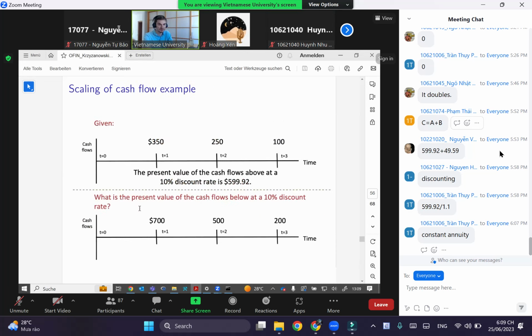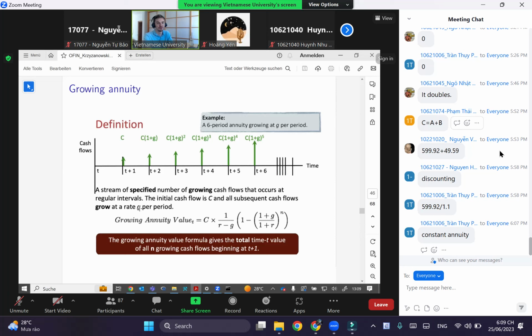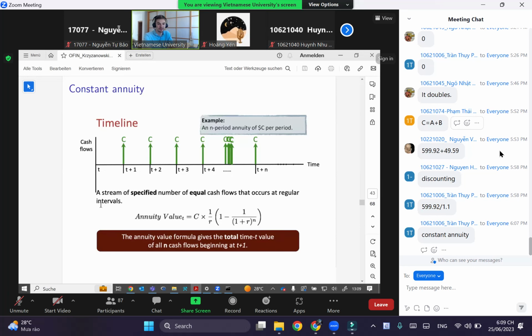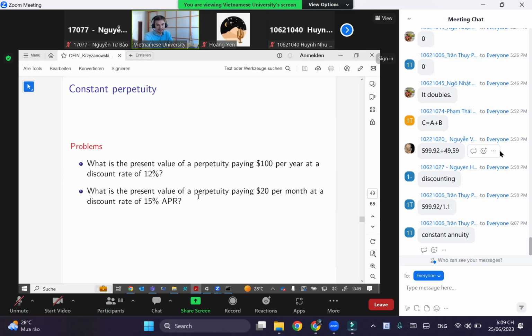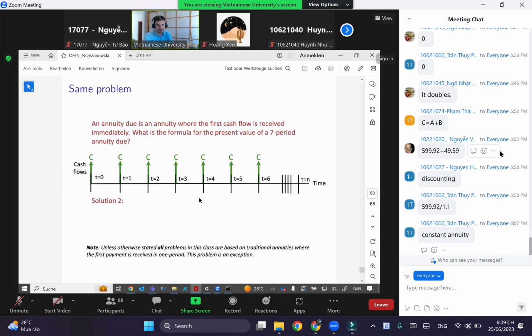Recall the formula for our constant annuity. We could use this formula, and I will jump down again to calculate the present value of this part.